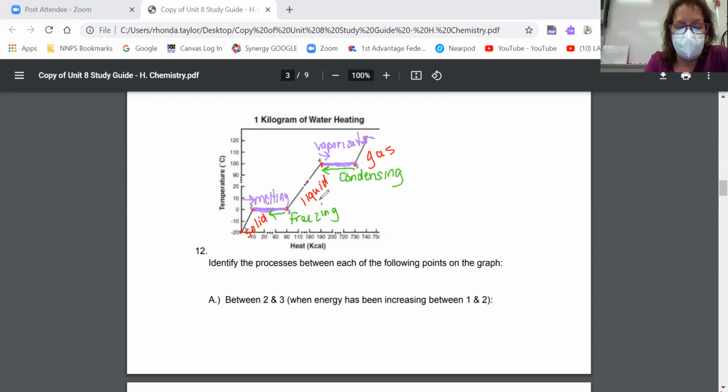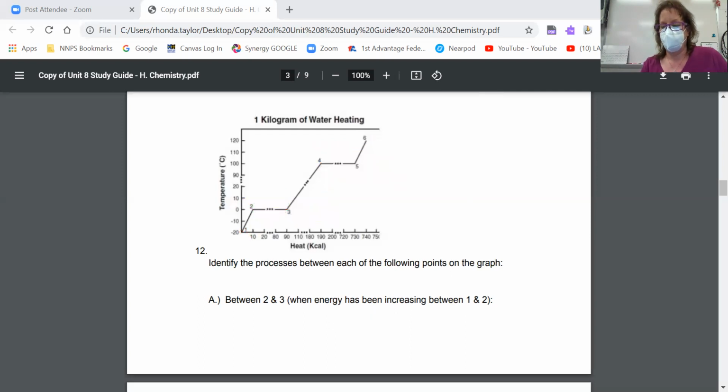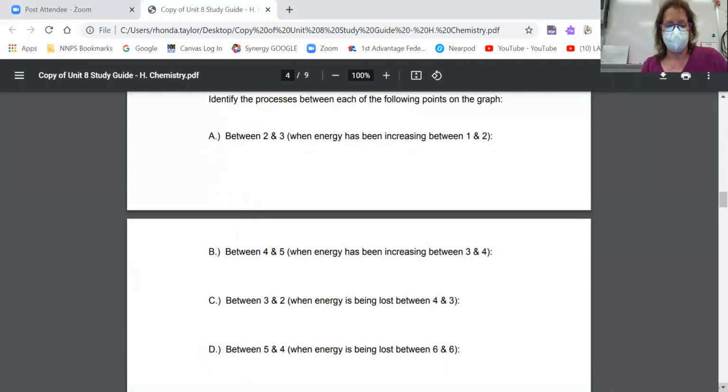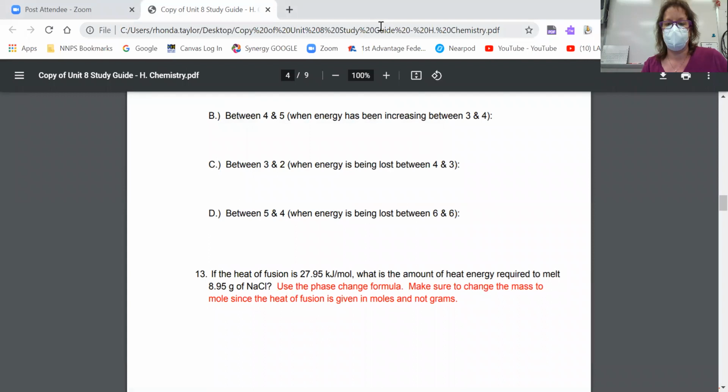Okay, so letter A says between 2 and 3, when energy has been increasing, so we're moving up the graph, increasing in energy, that would be melting. Okay, between 4 and 5, that's where you're going to be vaporizing, because that's showing as you're increasing the temperature.